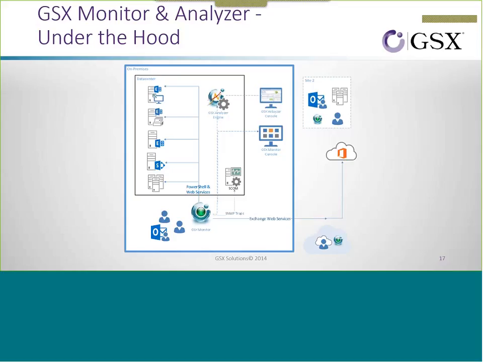As you can see, you can deploy multiple monitoring stations in different sites, even on the cloud, and not only can you monitor the on-premise environment, but also Office 365, especially Exchange Online at the moment.